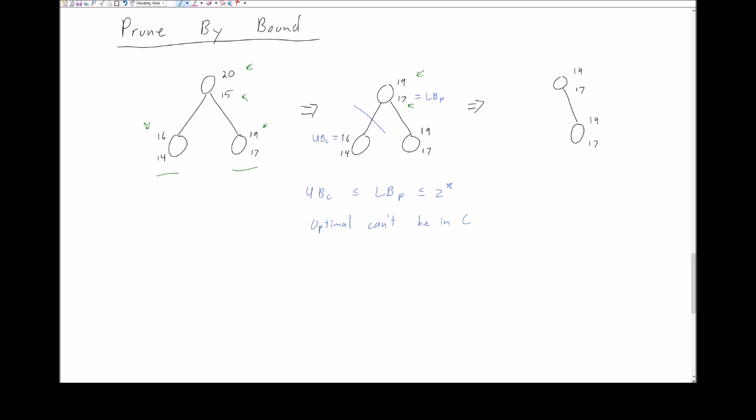However, if we look at the child node, it has an upper bound of 16, meaning that there's no feasible solution inside of this child node with a value better than 16. Because the upper bound at this child node is lower than the lower bound at the parent node, which is a lower bound of our optimal solution, we know that the optimal solution can't be in this child node C.